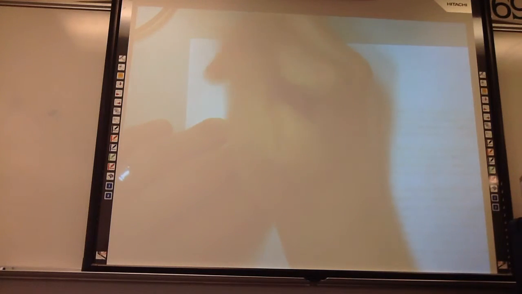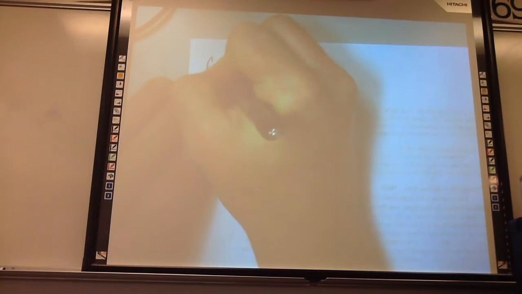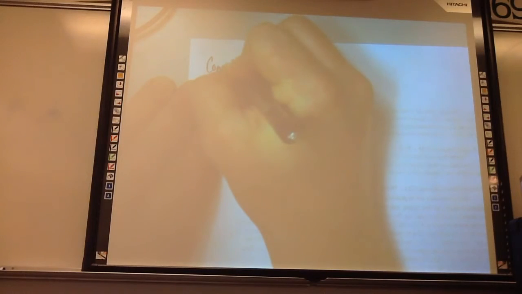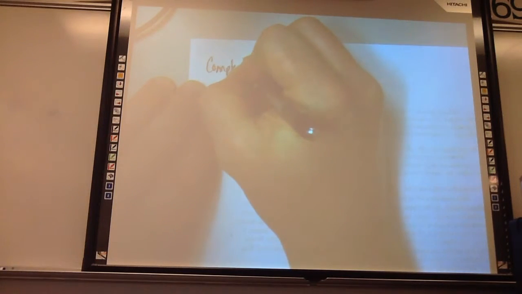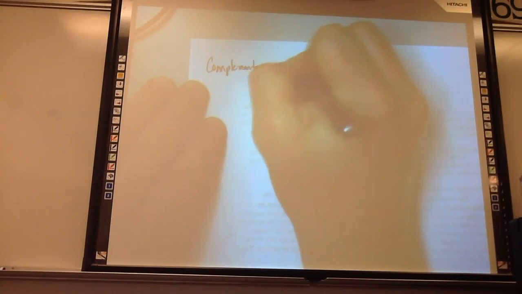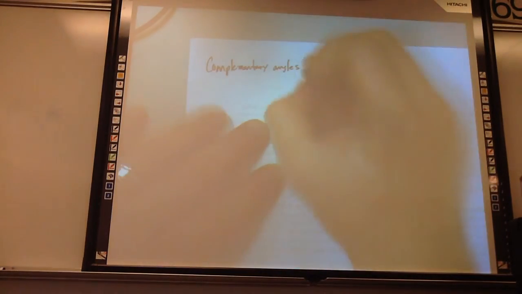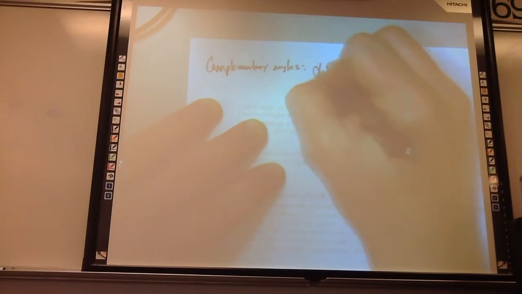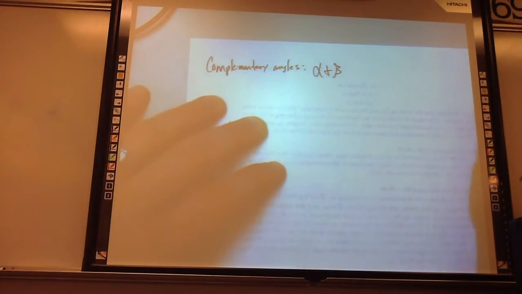What do complementary angles add up to in radians? Pi over 2 is correct. We'll use alpha and beta for our 2 angles.